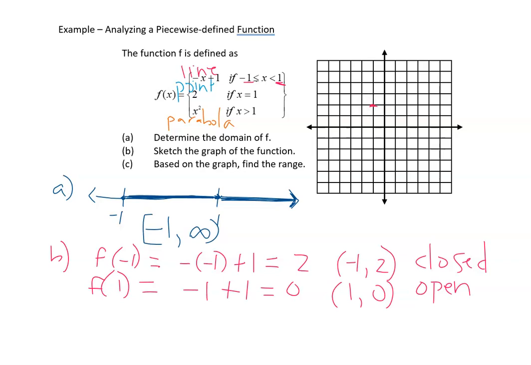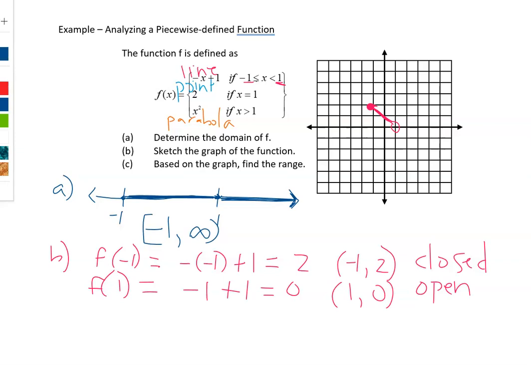So I have a closed point at -1, 2. I have an open point at 1, 0. And I connect the two with a straight line. So there's my first piece of graph. There we go. Now we're ready to move on and look at the second piece of graph.